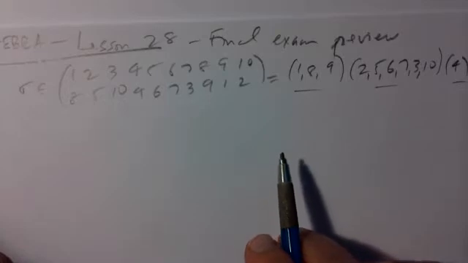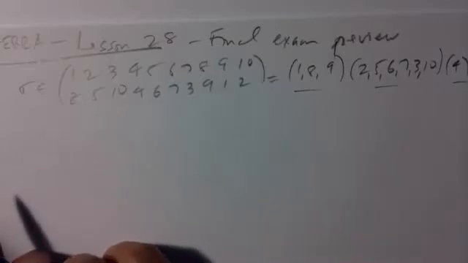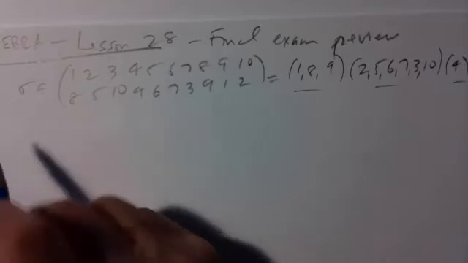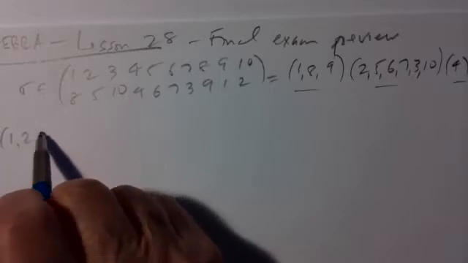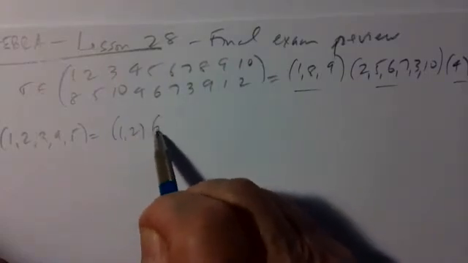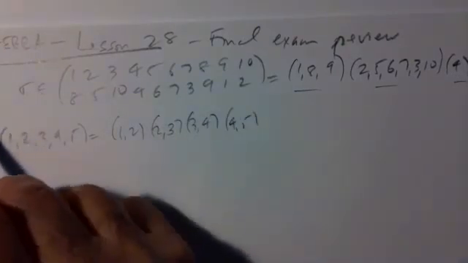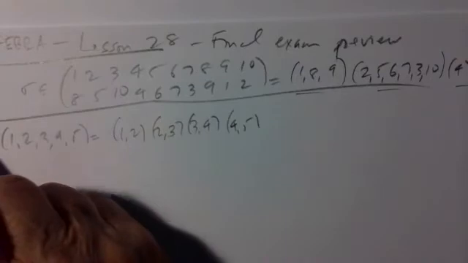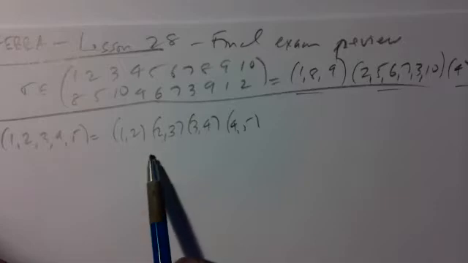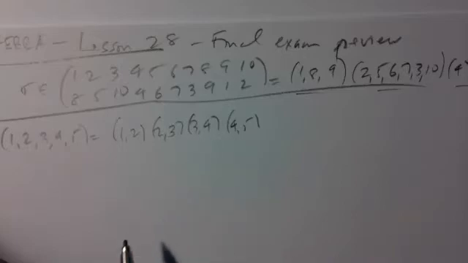And if we want to write it as a product of transpositions, well, there are lots of different ways to write a cycle as a product of transpositions. If you have the cycle (1 2 3 4 5), for example, you can write this as (1 2)(2 3)(3 4)(4 5). This is just an example, because this sends 1 to 2, 2 to 3, 3 to 4, 4 to 5, 5 back to 1.